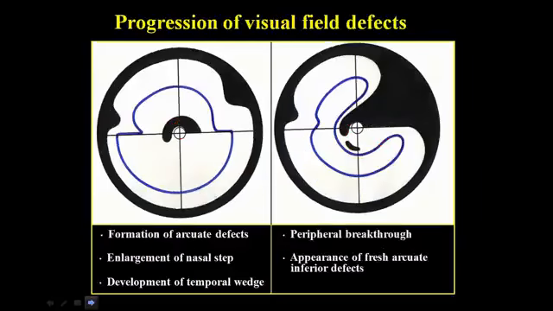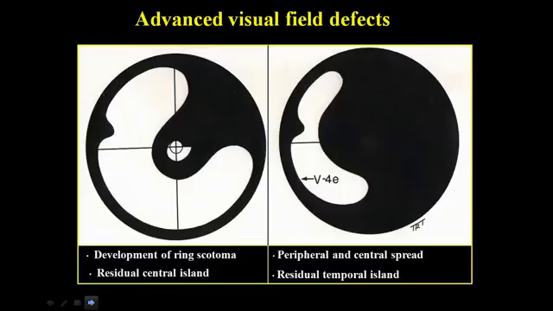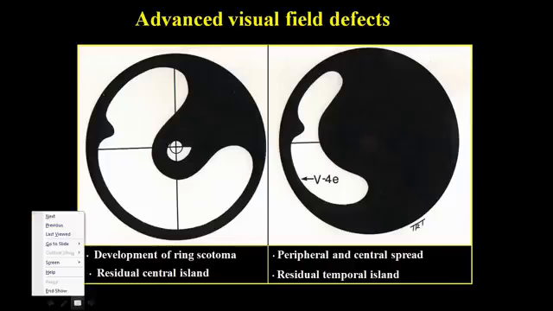This slide shows how the glaucomatous visual field defect progresses, and they show you the formation of the arcuate defects, the enlargement of the nasal step, and the development of a temporal wedge. This slide shows you the advanced visual field defects. It shows the development of a ring scotoma and a residual central island, and the other one shows you the peripheral and the central spread and the residual temporal island.